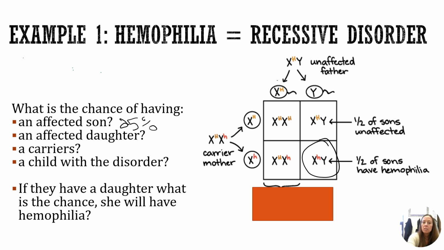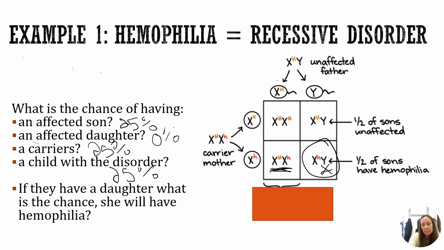So what's the chance of having an affected daughter? Neither of our daughters are affected, so that'd be 0%. What's the chance of having a carrier? This one is the only one carrying because it's heterozygous, so that would be 25%. And what's the chance of having a child with the disorder? Only this one has the disorder, so that would be 25% again.